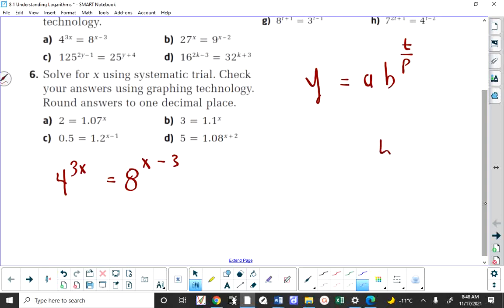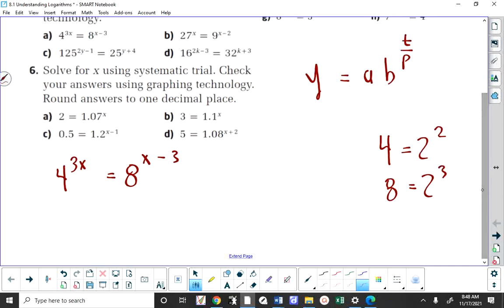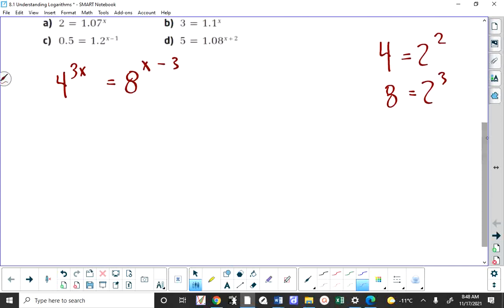So 4 is 2 squared, 8 is 2 cubed, and what that means is that we can write the 4 as 2 squared, and we're raising it to the 3x. We can write the 8 as 2 cubed, and we're raising it to the x minus 3.